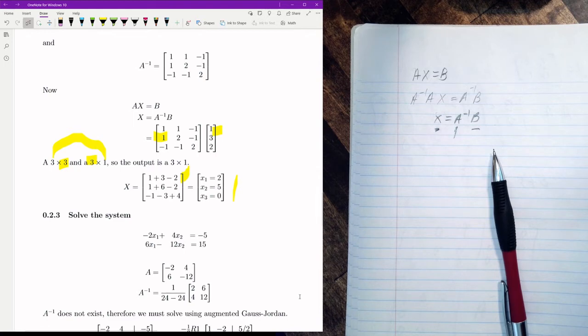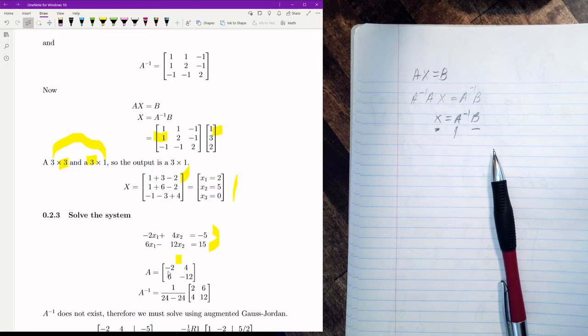This time we're going to solve this system. And some of these I'm picking because they're a little bit unusual cases. So we set up our coefficient matrix. In this case, minus 2, 6, 4, and minus 12. And then it's a 2 by 2 matrix, so we're going to use Cramer's method to find the inverse of it.